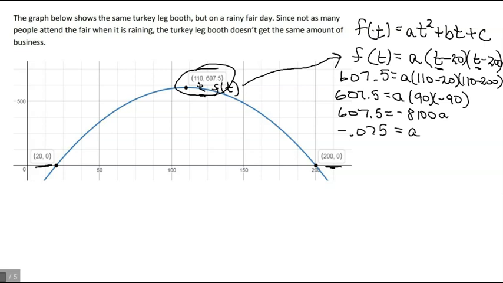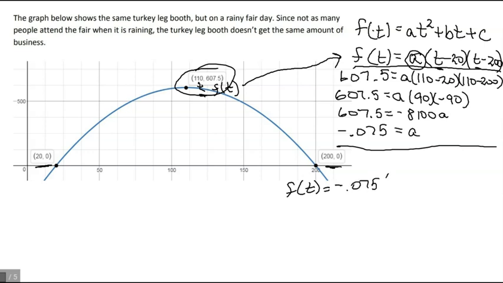So now that I have my value for a, I can substitute it back in here and rewrite this equation. So when I substitute that back in, I have f of t equals negative 0.075 times t minus 20 times t minus 200.